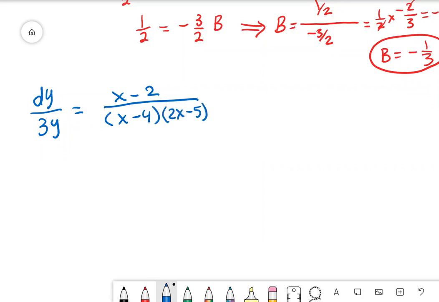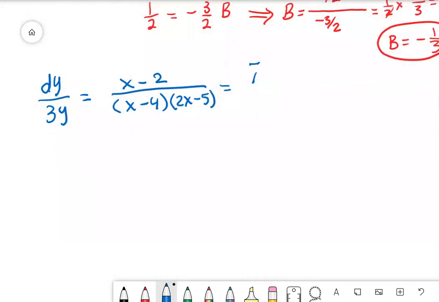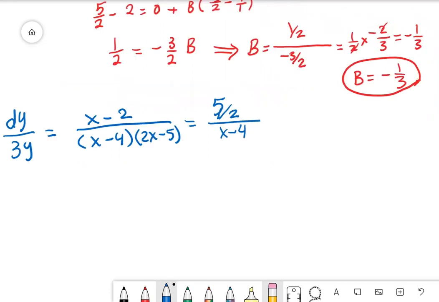That's where we stopped and we started to find a and b. So now we know this is a, which is 5 over 2. So this becomes 5 over 2 over x minus 4. And because this is minus 1/3, I will write it as minus 1 over 3 over 2x minus 5. Okay, so that's dy over 3y equals this.